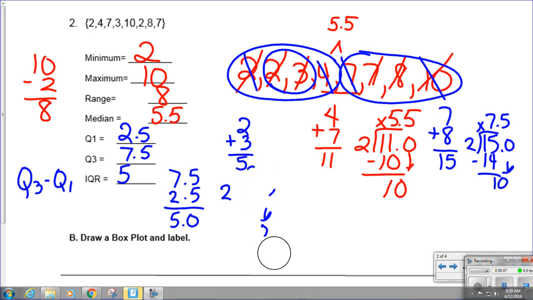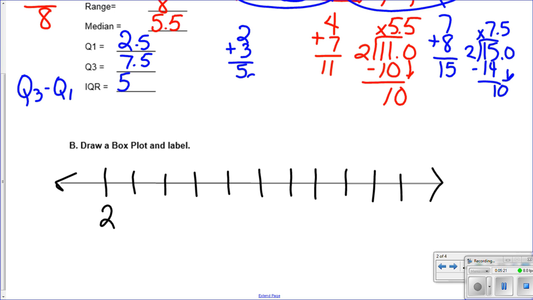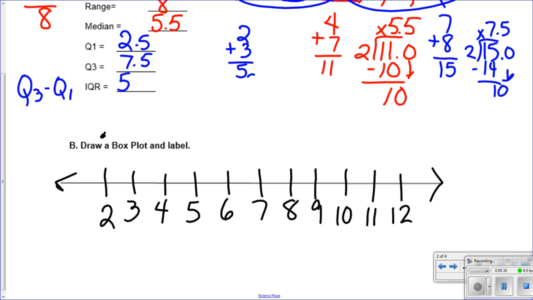So now drawing your picture above the line. Minimum is 2, maximum is 10, so you need your number line. You can put extra numbers on there to space it differently. Okay, so min was at 2, so dot above 2. Oops, min, not max. Min. Q1 is 2.5, so that's between 2 and 3.